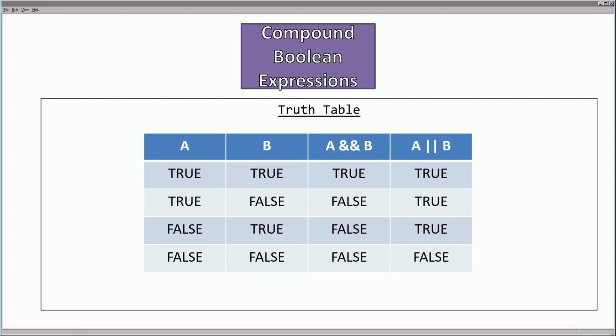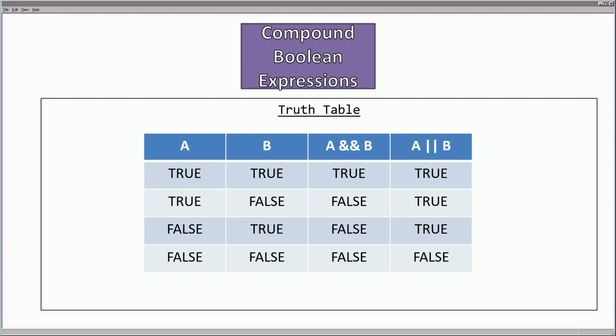To better understand compound Boolean expressions, we often look at what's called a truth table. Now imagine that we have two variables, a and b. So for all the combinations of a and b, if a and b are both true, then that is true. And also, a or b is true, then the compound Boolean expression will be true.